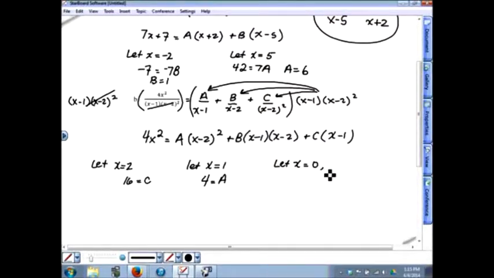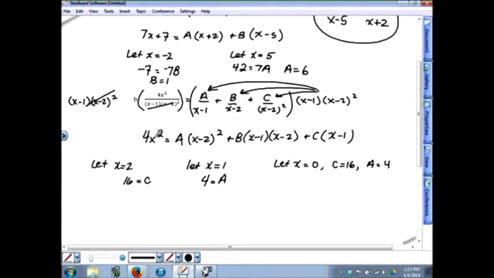I'm going to choose 0. But I'm also going to let a and c take on their known values. I'm going to let c equal 16, and I'm going to let a equal 4. If you plug in a 0 for x, a 4 for a, and a 16 for c, then the only unknown in this whole equation would be b, and that's what we're solving for.